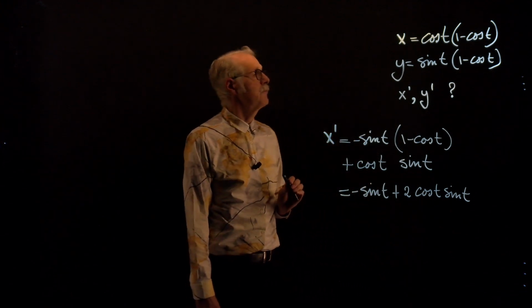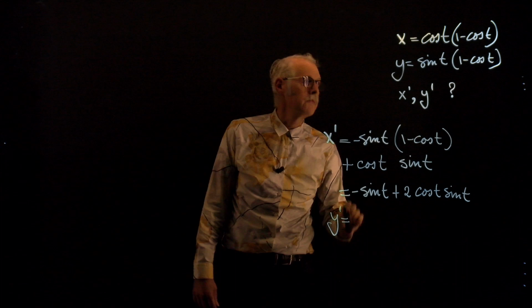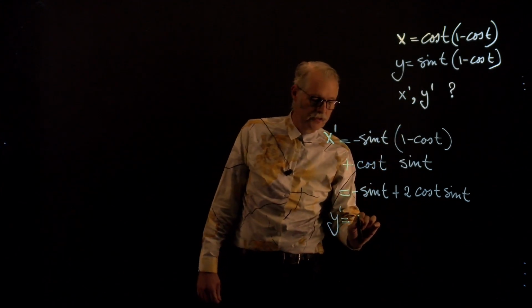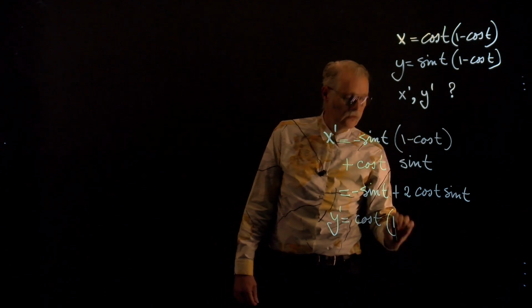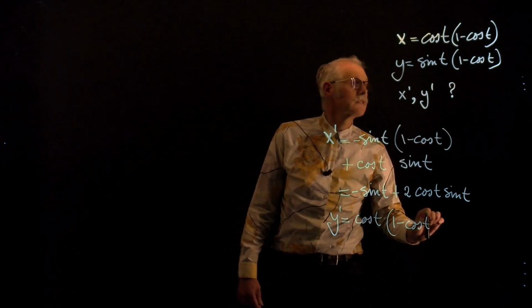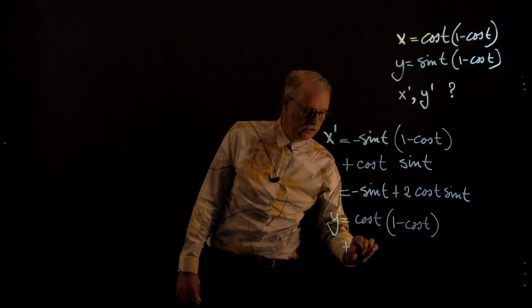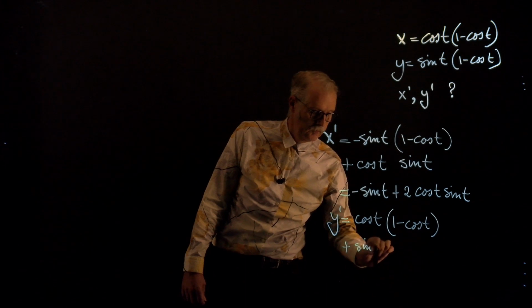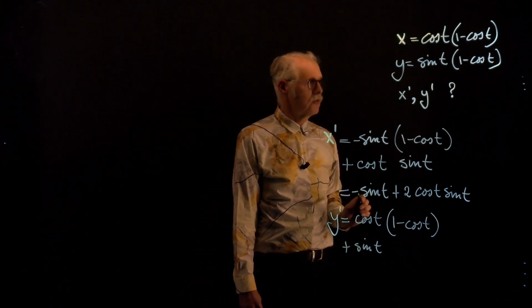I can do the same for the y. So the y prime is taking the derivative of the sine, that's the cosine. I do not touch the second part, non ci tocca, as the Italians say. And now the other way around, not touching the sine, and taking the derivative of 1 minus cosine.